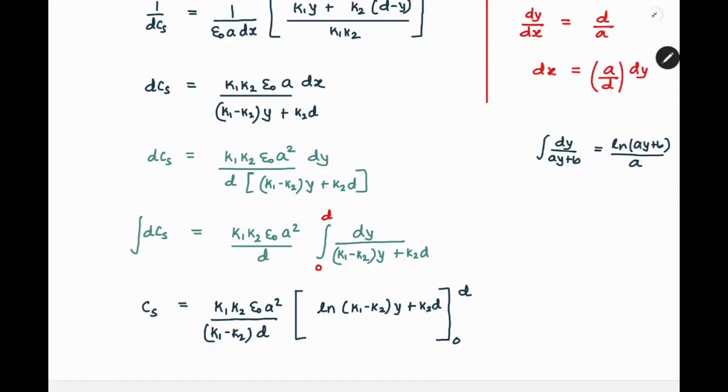So technically k1d by k2d is what we have, so k1 by k2.